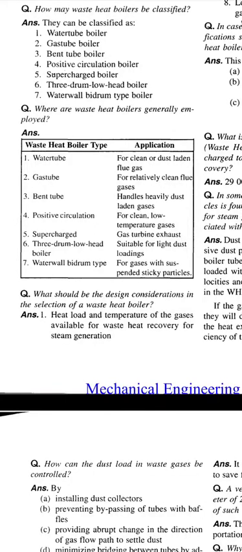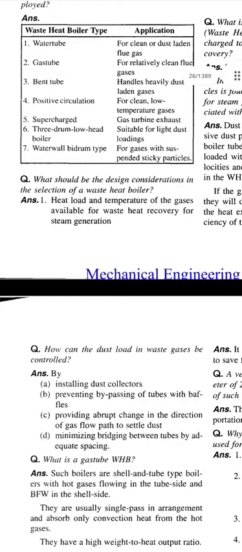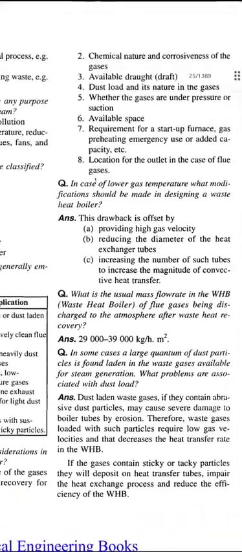Next question. What should be the design considerations in the selection of a waste heat boiler? Answer. Heat load, the quantity and temperature of the gases available for waste heat recovery for steam generation.